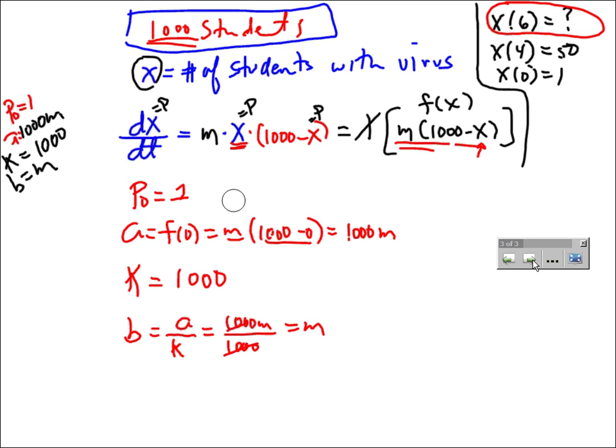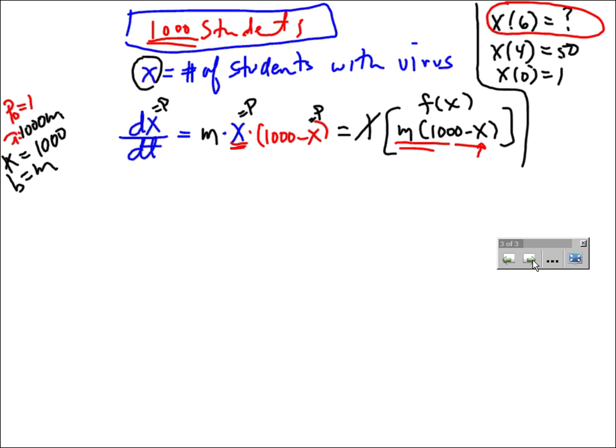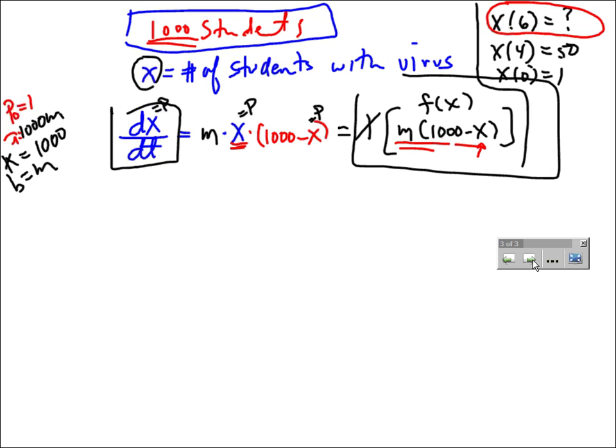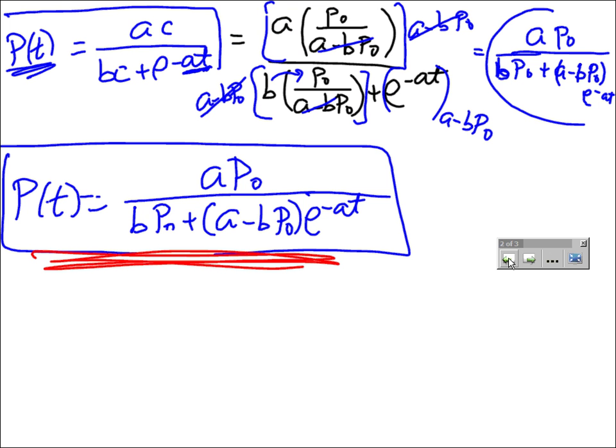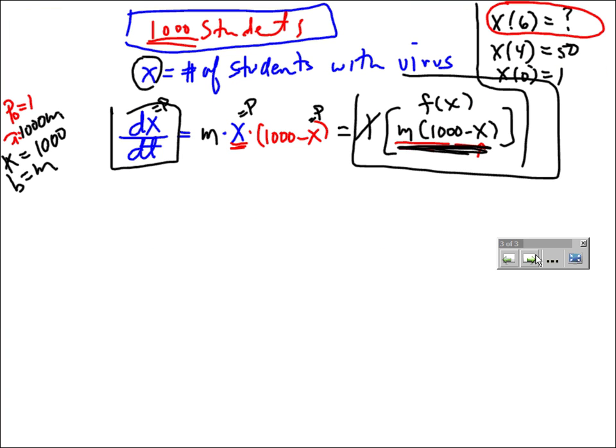Now, we know how to solve a differential equation like this. By the way, this is linear. So that formula, this one right here, is the one we're going to use. The only difference is P is X. P became X. So let's write it down.